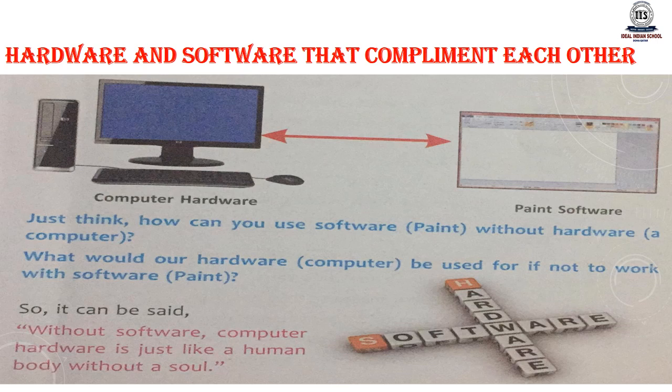So the computer represents the hardware and software together. So we can tell hardware and software complement each other, that results in the smooth functioning of the computer. Okay kids?